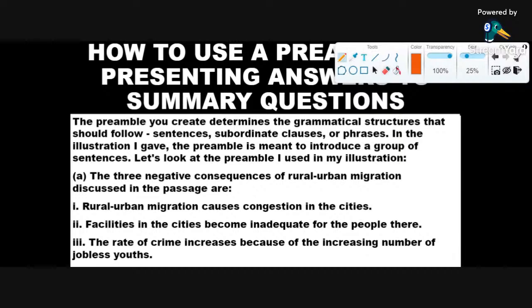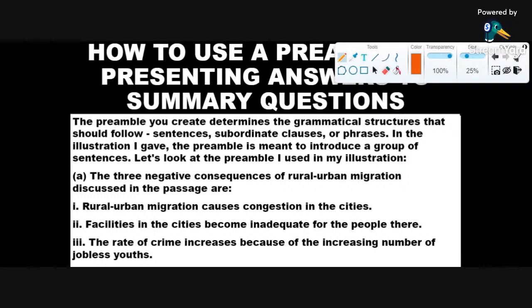And this preamble is created as a vehicle to present answers to the summary question that WAEC put forward in that year. You can refer to the 2006 WAEC summary question.